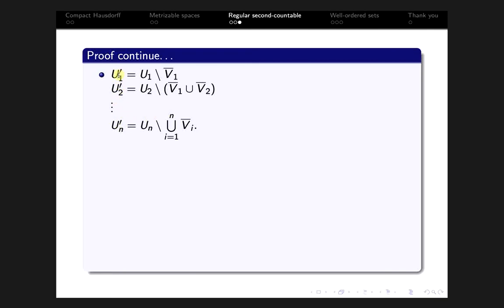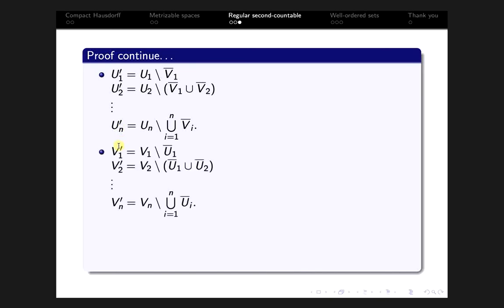So this is closed. An open set minus a closed set is open. So Un prime is open for every n equal to 1, 2, 3, and so on.